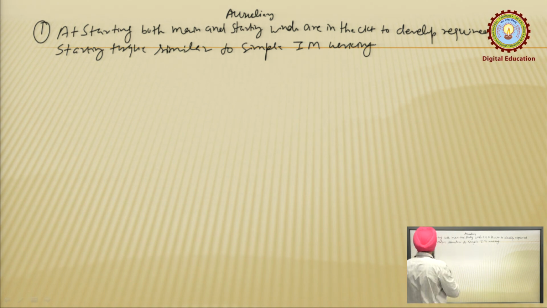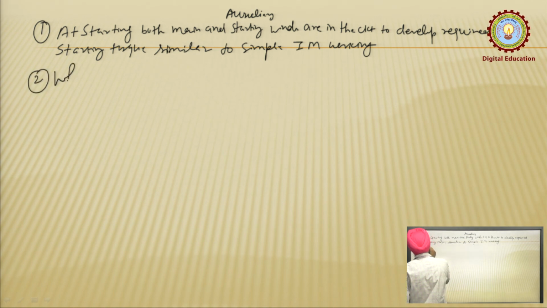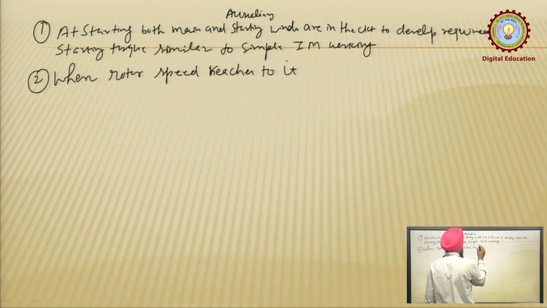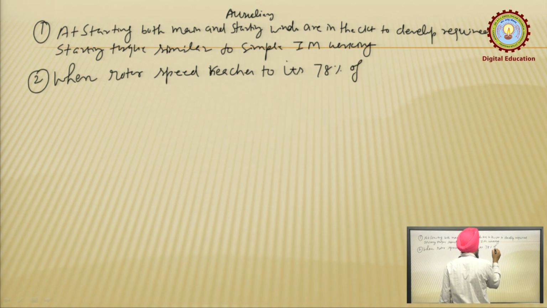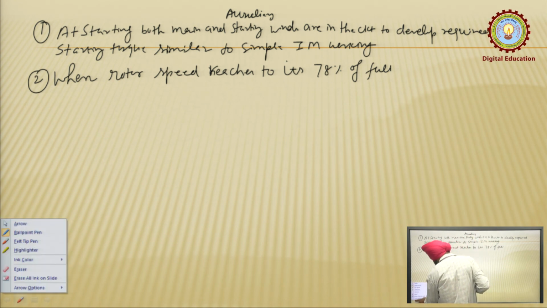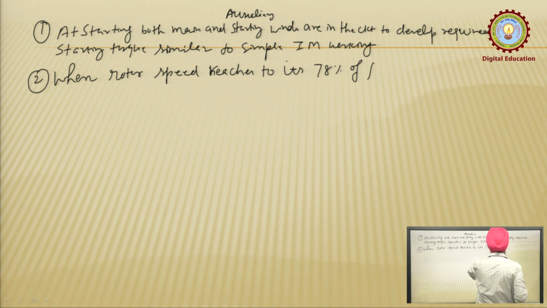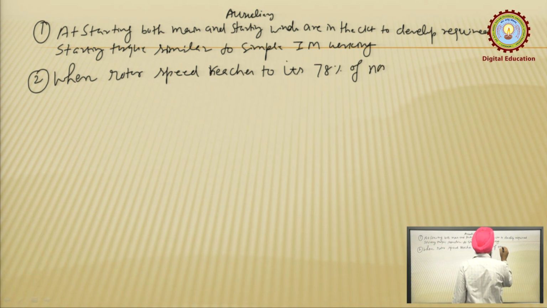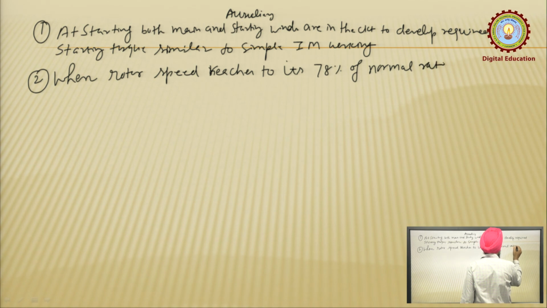Okay. Now, listen carefully. When the rotor speed reaches 70% of its normal rated speed, what will happen?